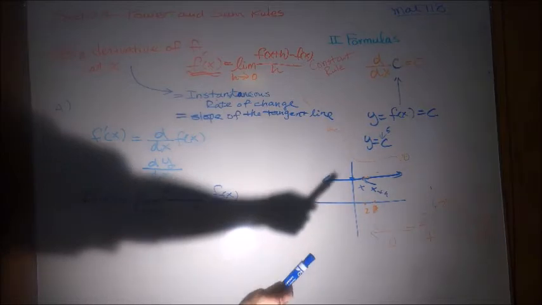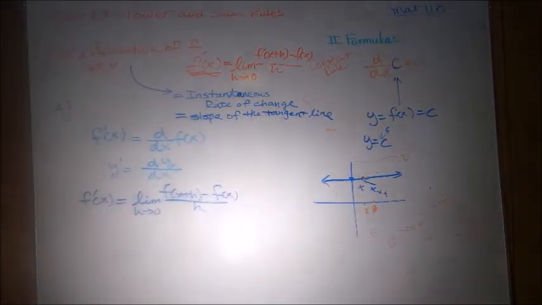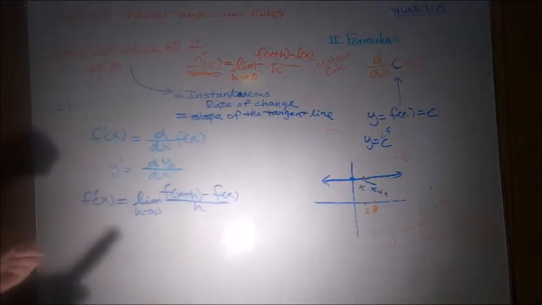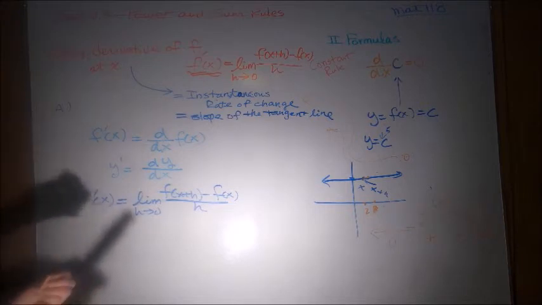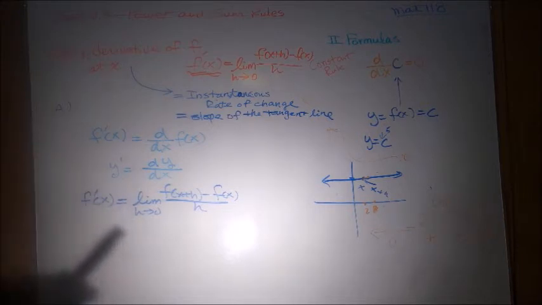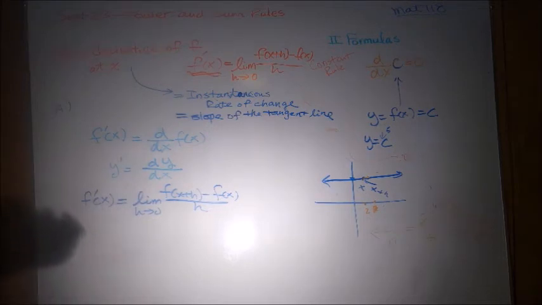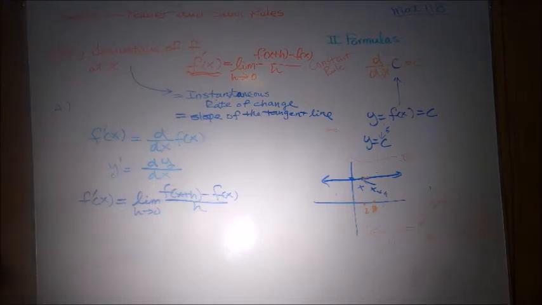That means the next point is very close to x. What happens to the point x at that time? What kind of change, what kind of behavior will it be? That's what f prime means.